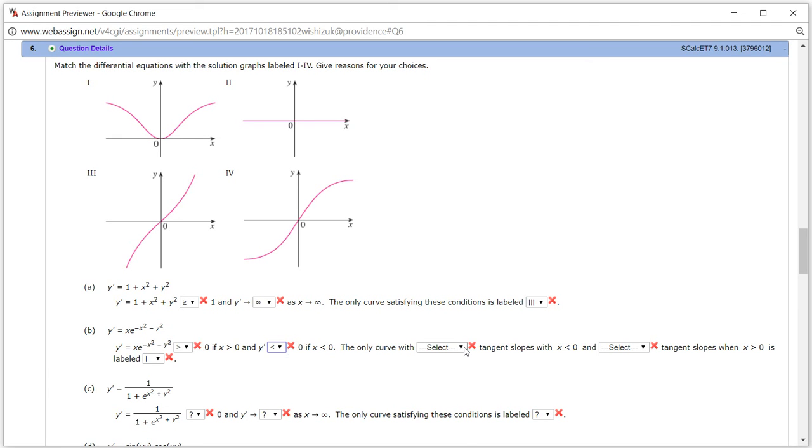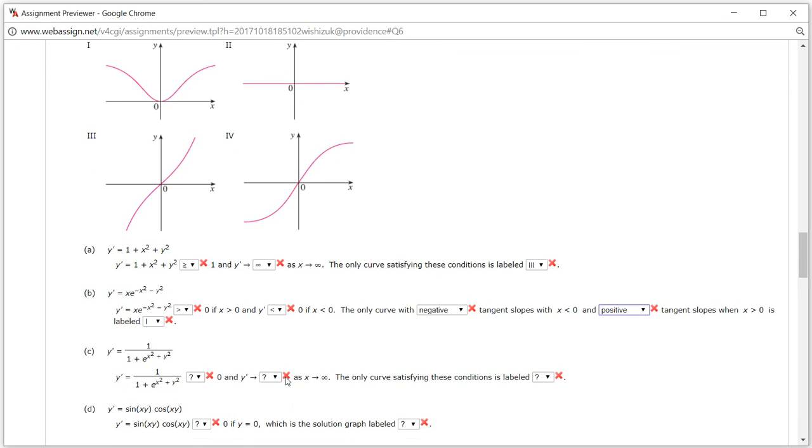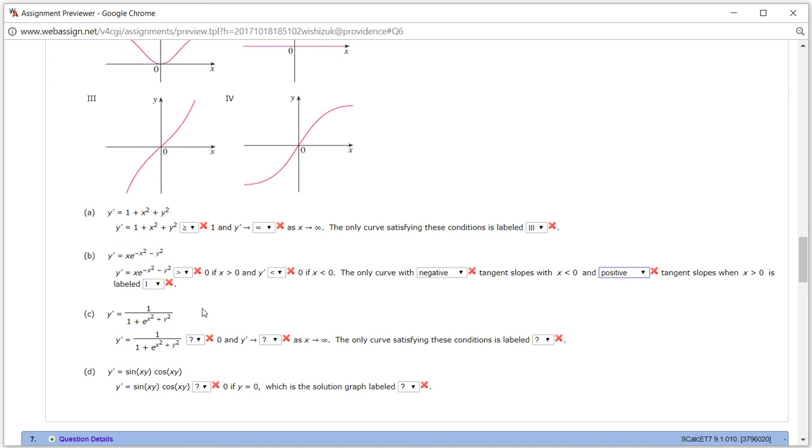The only curve with a negative slope when x is less than 0 and a positive tangent slope when x is greater than 0 is that one. So we got that. Part B, I think we're done.